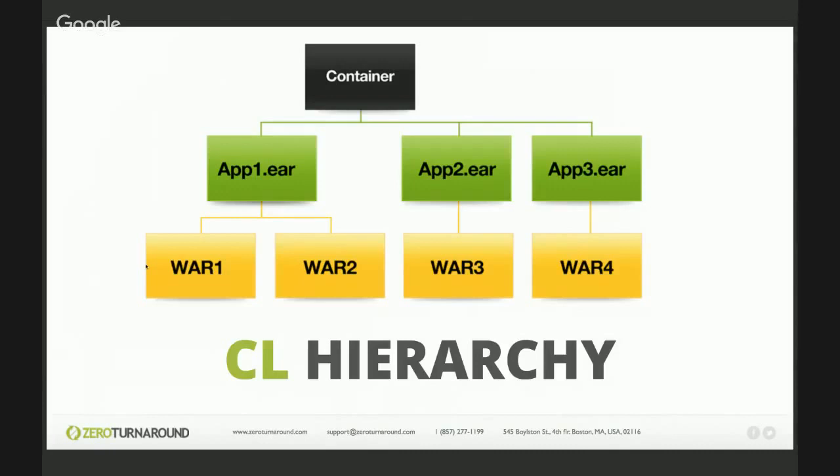So the best way is literally to Google through your container docs and work out what the default is from there. The alternative is you can of course just test it. If you had a class in your shared directory and a class in your WEB-INF classes or WEB-INF lib with the same name, and you try to load it, you can see which class it would get first. So there's a couple of ways of doing it, but the docs should be clear about which strategy it has.